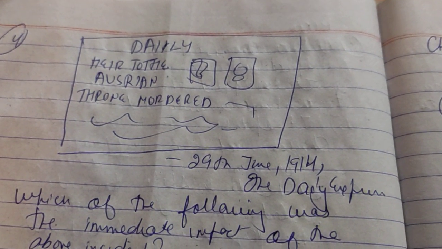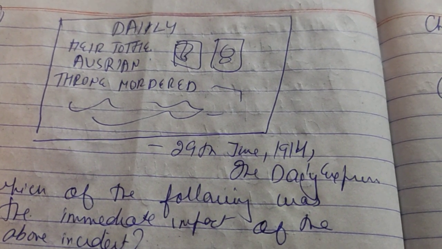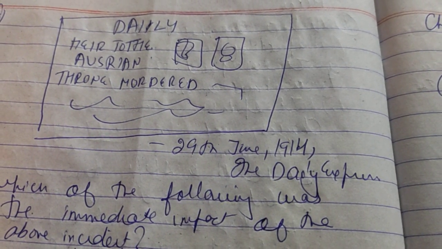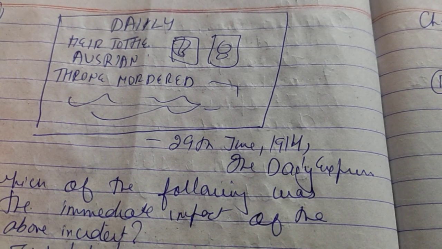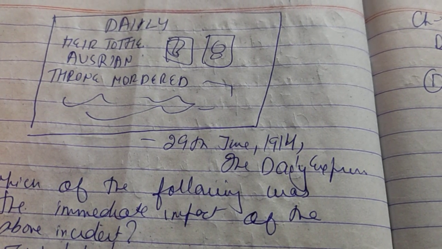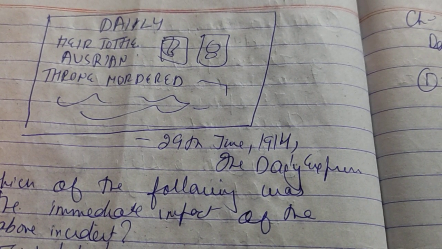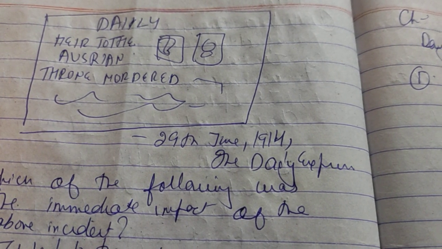So this is the next MCQ. Actually, it is a newspaper based question, and I have already told you in class also that whenever any kind of picture based or cartoon based question is given, you are to go by the hint.